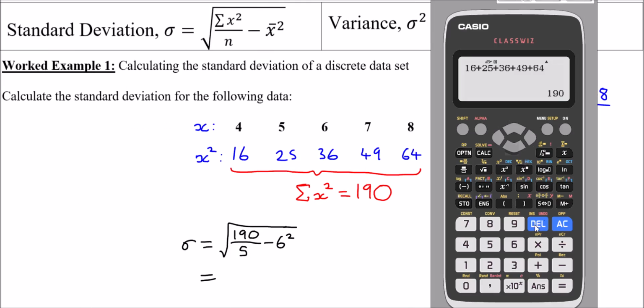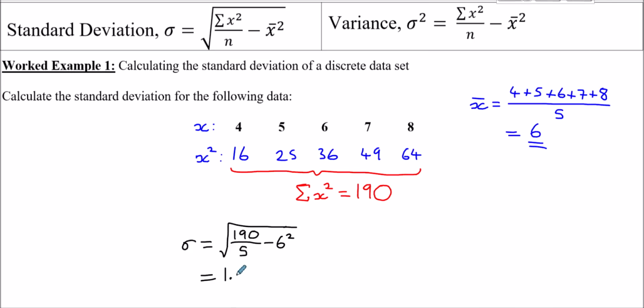So the square root of 190 over 5 minus 6 squared. We get root 2 exactly, so 1.41. So that's the standard deviation.